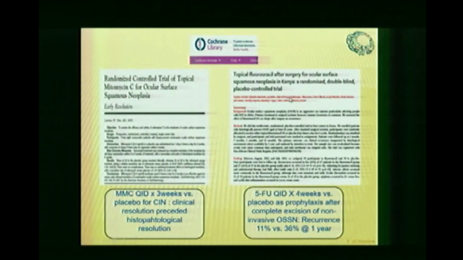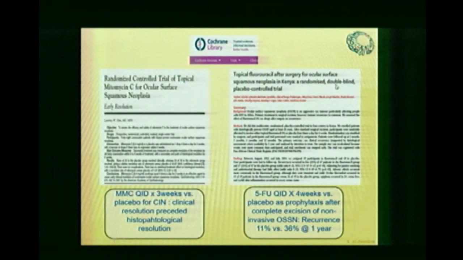The other one was trying to study the importance of using 5-FU in all patients who have OSSN in Africa. As I said before at the beginning, 70% of these patients are HIV positive, and in HIV positive, most of the pathology is going to be in the T3, T4 category. And the other thing, they're rapidly growing, and they have some resistance to chemotherapy, by the way, in particular interferon.